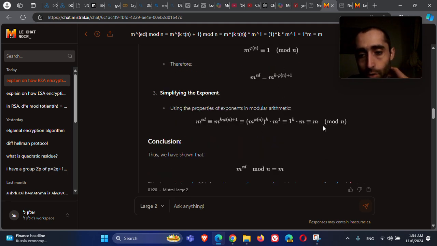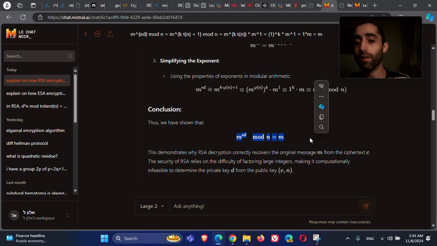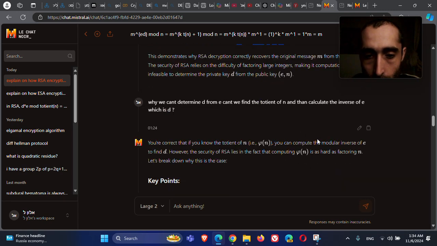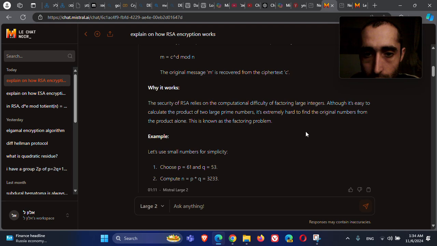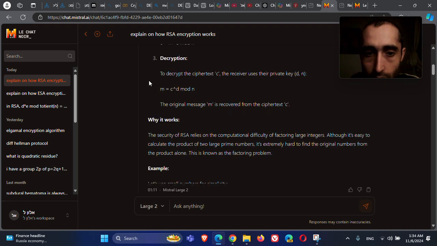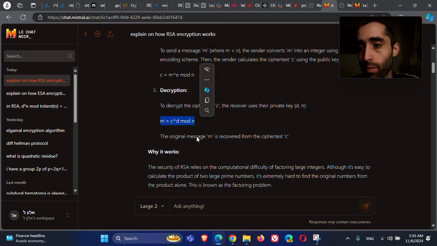Just open it up: you get m to the power of totient n to the power of k, which is 1 to the power of k, which is 1, times m to the power of 1, which is m. This is the important part. Here we encrypt the message, create the ciphertext, and this is how we decrypt the message.